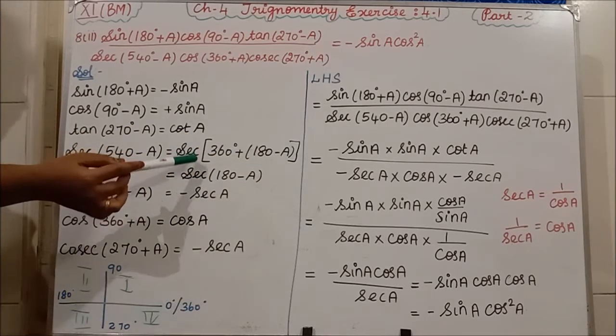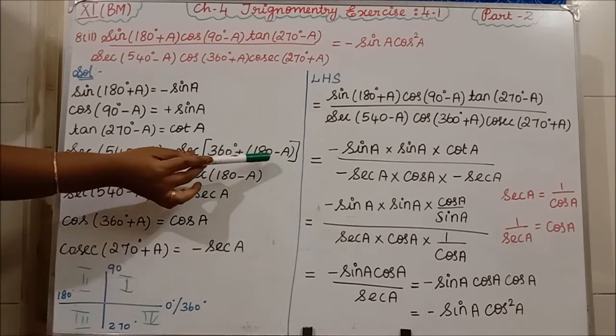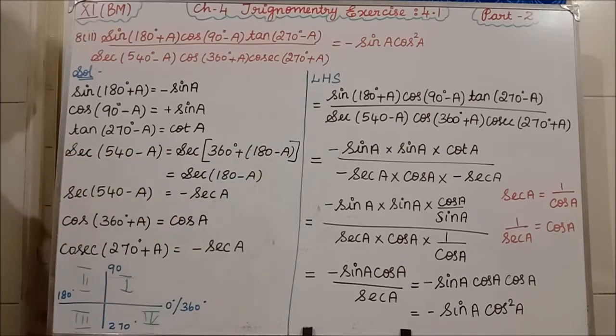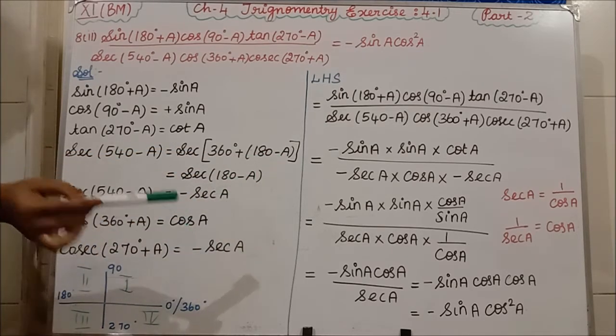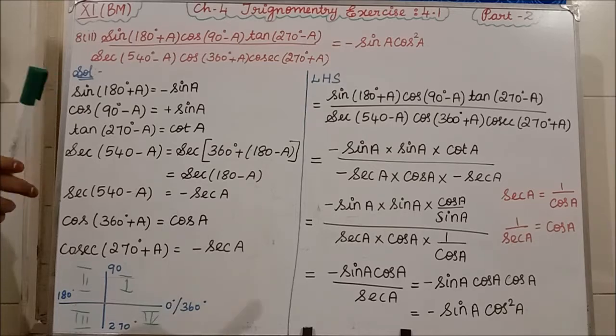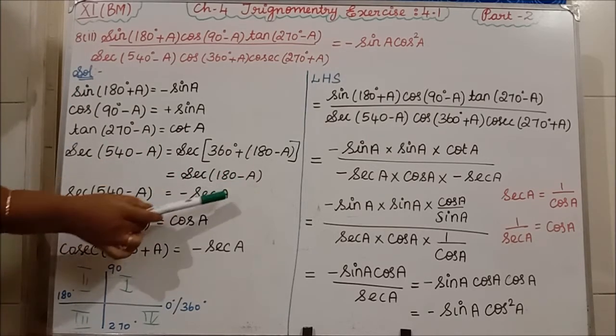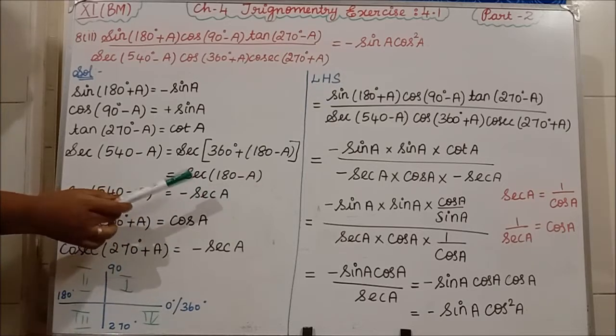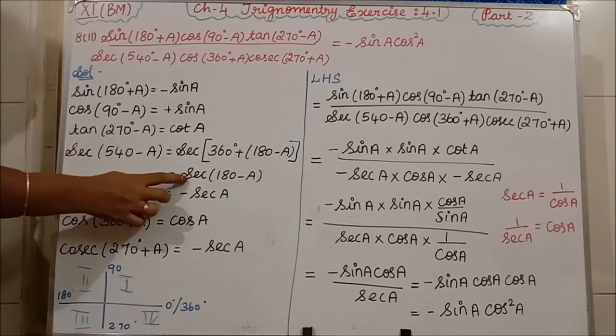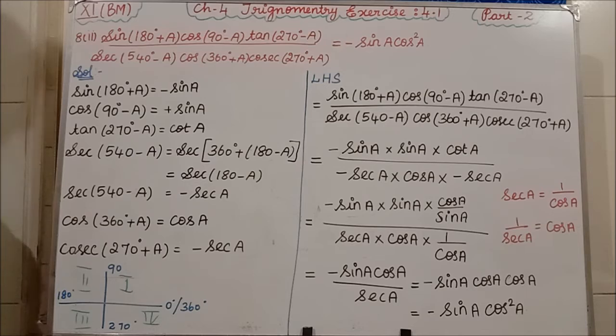Here in the next step, secant, what do we have in the bracket? 180 minus A. 180 minus A means the trigonometric ratio will not change. It will remain the same. So secant A I have written. After that we have to see the sign. Secant 180 degree minus A means it will lie in the second quadrant.